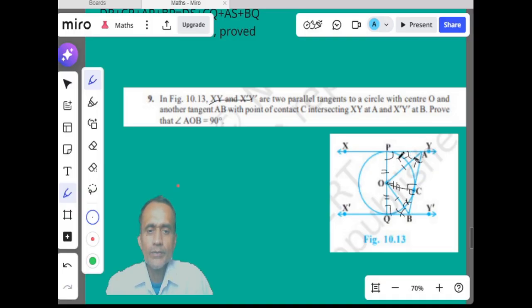If I number them 1, 2, and this is 3, and this angle is 4, then 1 plus 2 plus 3 plus 4, I mean all these angles, is equal to 180 degrees.